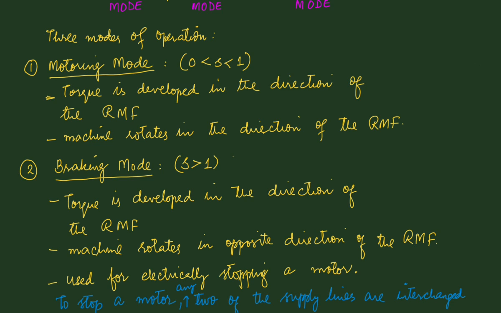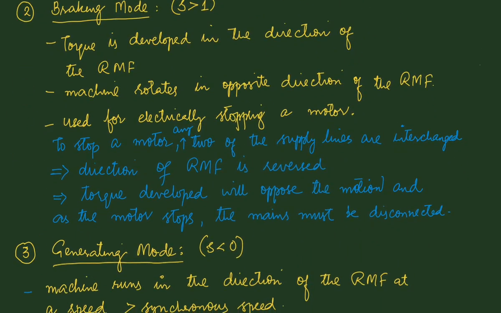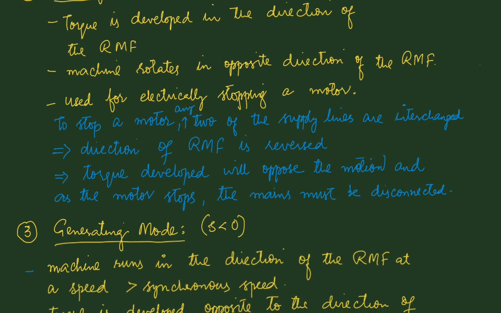And to stop a motor, what is done while the motor is rotating and we want to stop it, we interchange any two leads of the supply lines, and because of this the direction of the rotating magnetic field gets reversed. But the motor is rotating in the same direction, and therefore the reversal of the direction of the rotating magnetic field will cause a torque in the opposite direction, which will decelerate the motor, and ultimately the motor will come to standstill.